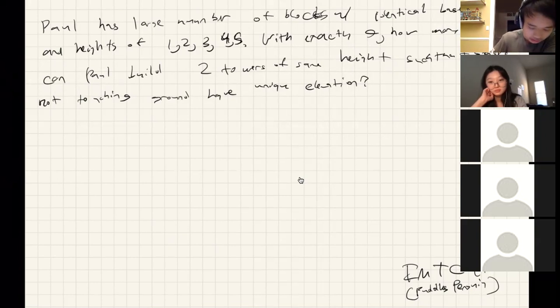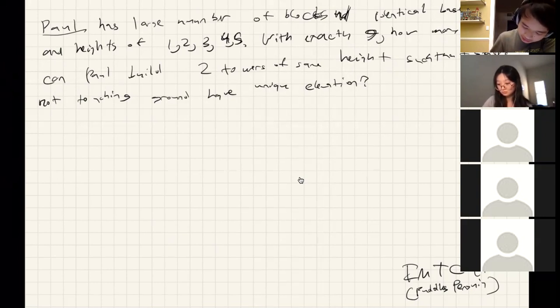This guy called Paul has a large, arbitrary number of blocks with identical-size bases and heights of 1, 2, 3, 4, and 5 units.